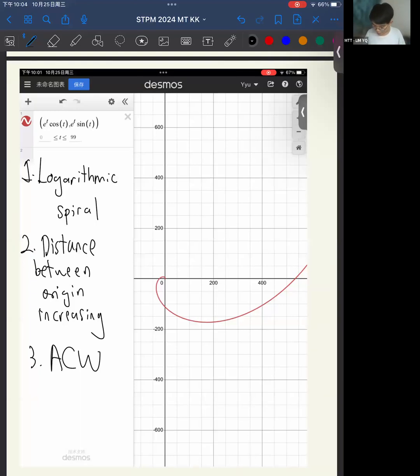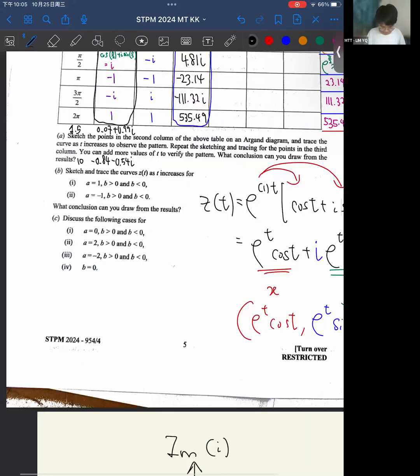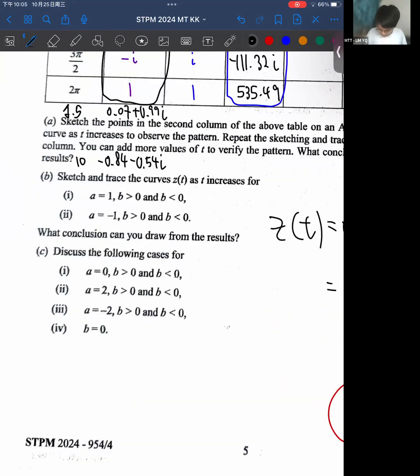Now for this one, I will tell you. You can try to do it also. You set your A equal to something.